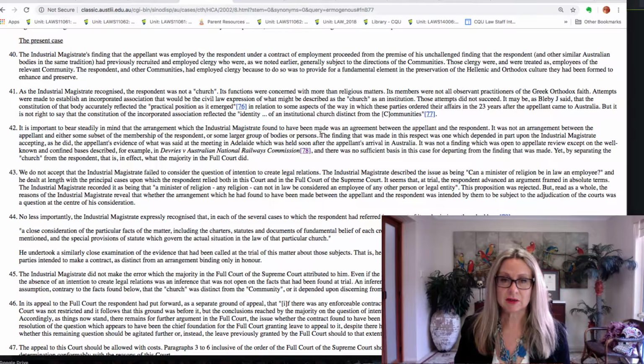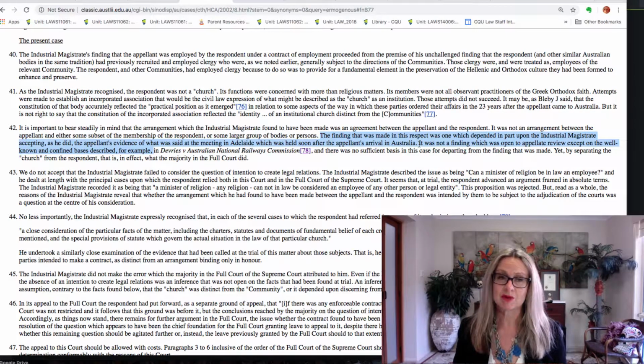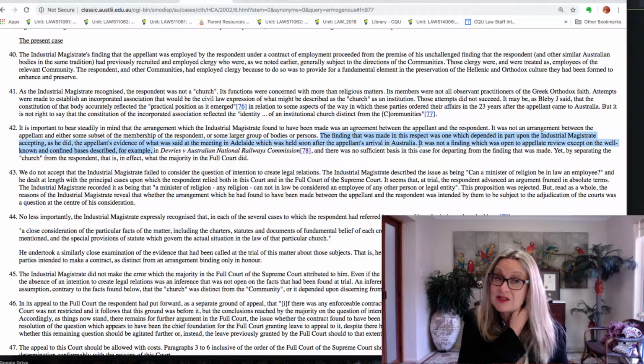That finding was based in part on the credibility of witnesses. What credibility of what witness? The appellant's, Homogeneous's, evidence of what was said at the meeting in Adelaide that was held soon after the appellant's arrival in Australia. It was not a finding which was open to appellate review except on the well-known and confined bases described, for example, in De Vries.